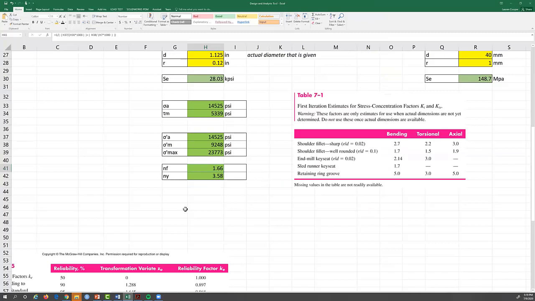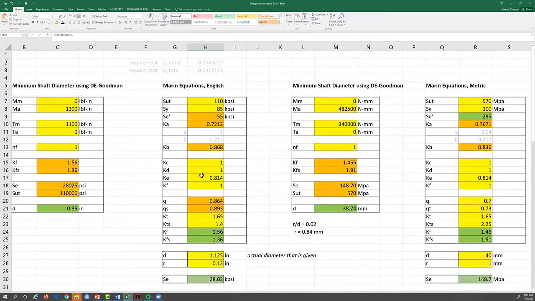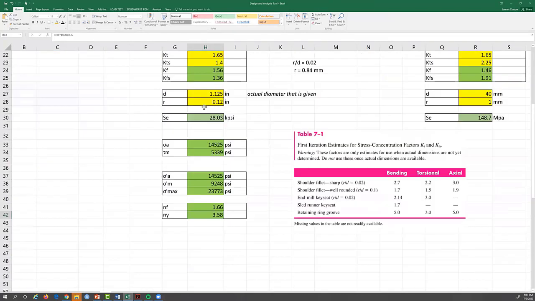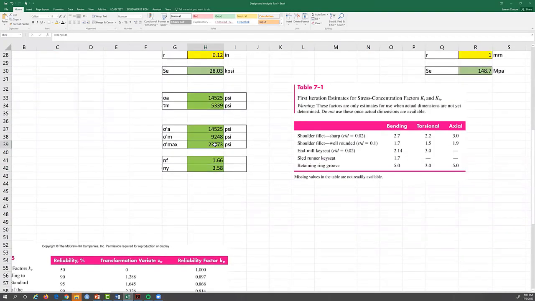Make sure you calibrate your tool. So factor of safety for fatigue, 1.66, and then the yielding factor of safety is the yield strength of 85 kpsi divided by sigma prime max. So it looks like fatigue is a greater threat than yielding, and we would not expect a first cycle yielding.